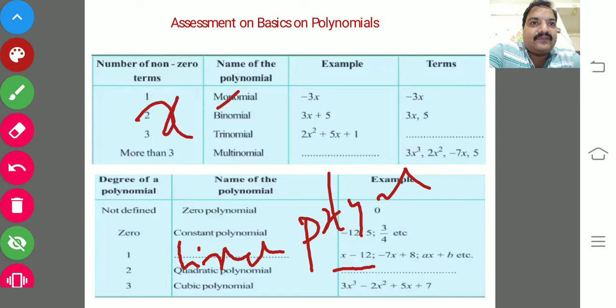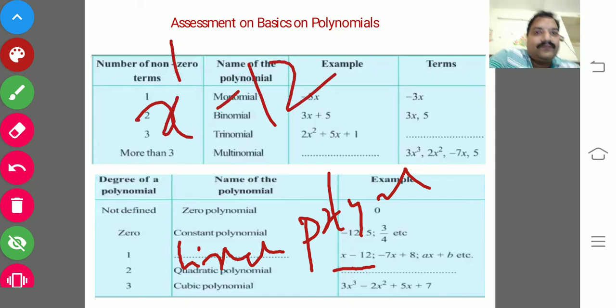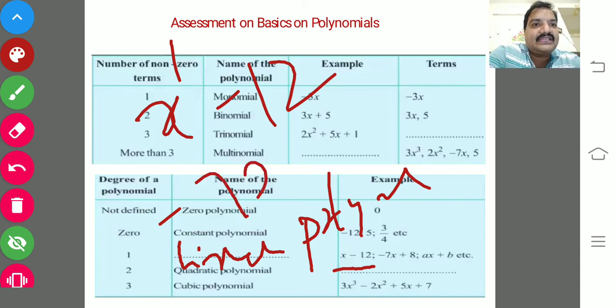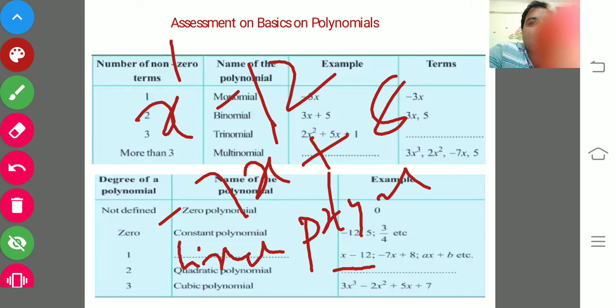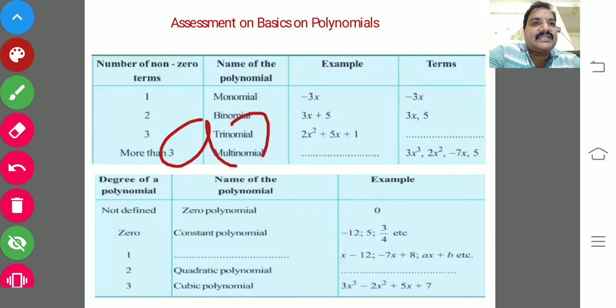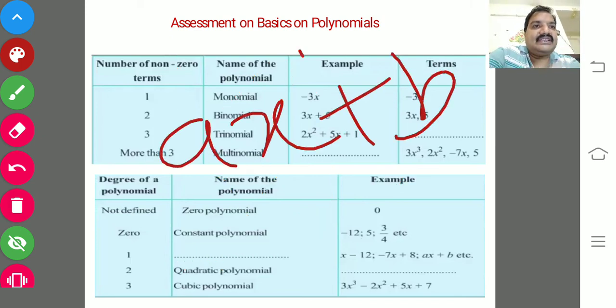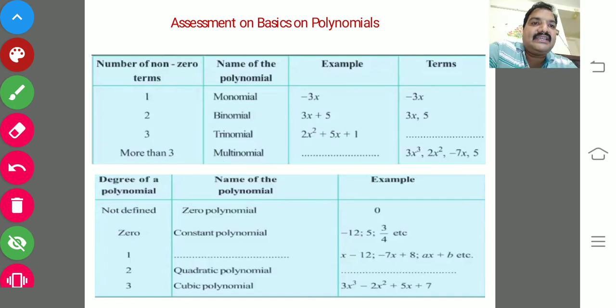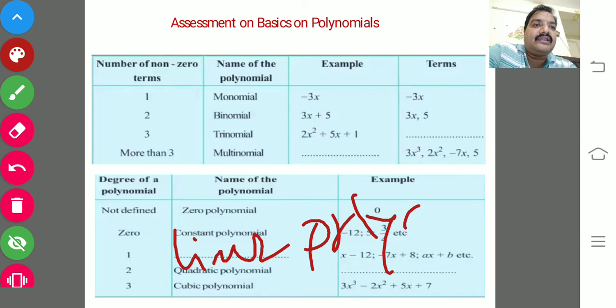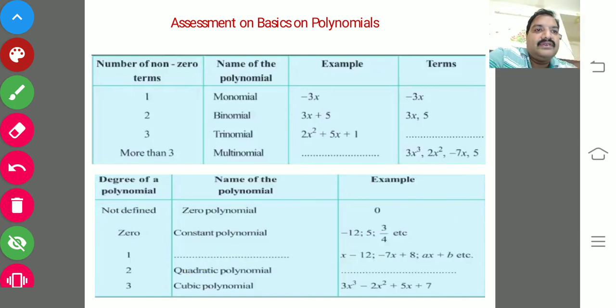X minus 12, the power is 1. And if you take the second one, minus 7x plus 8, the power is 1. And ax plus b, the power is 1. That's why it's a linear polynomial.